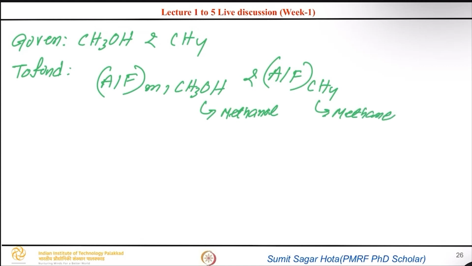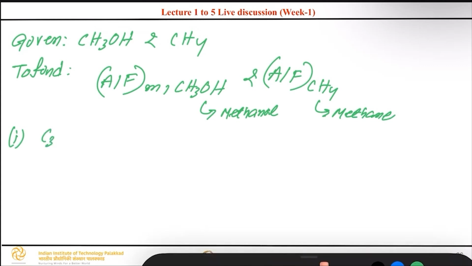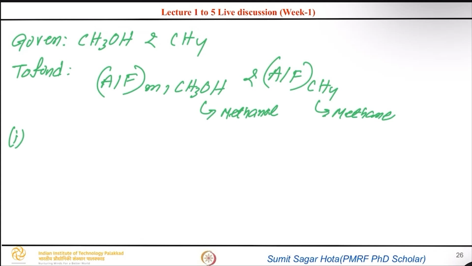Now we first do methanol. Don't worry if you made a mistake, you can catch up. CH3OH: what is X? 1. What is Y? 4. X is the carbon atom, Y is the hydrogen atom. Now what is Z?